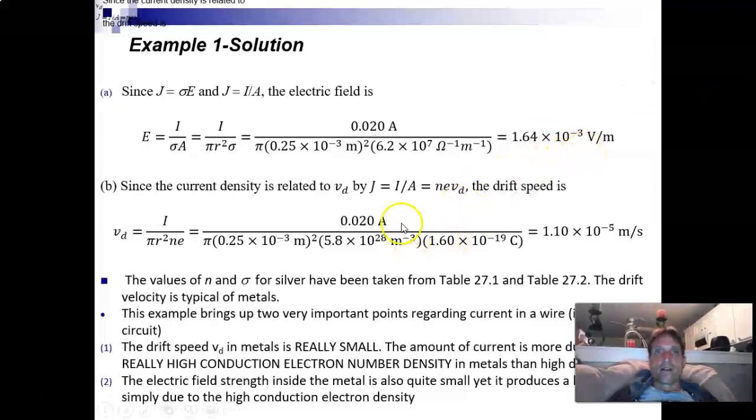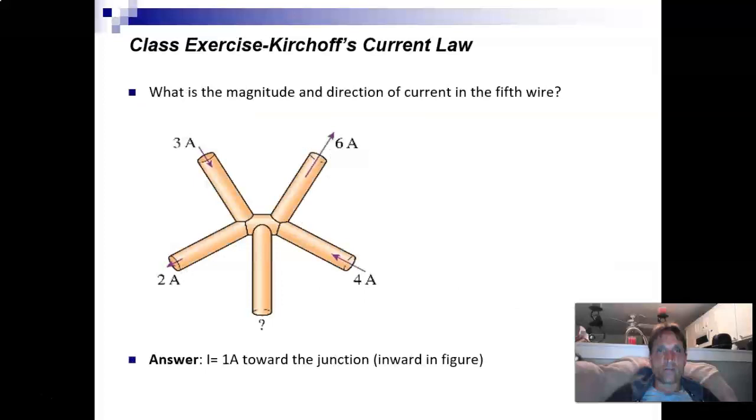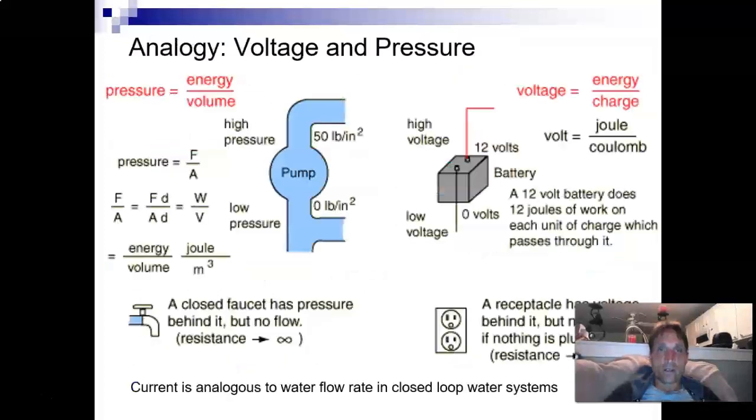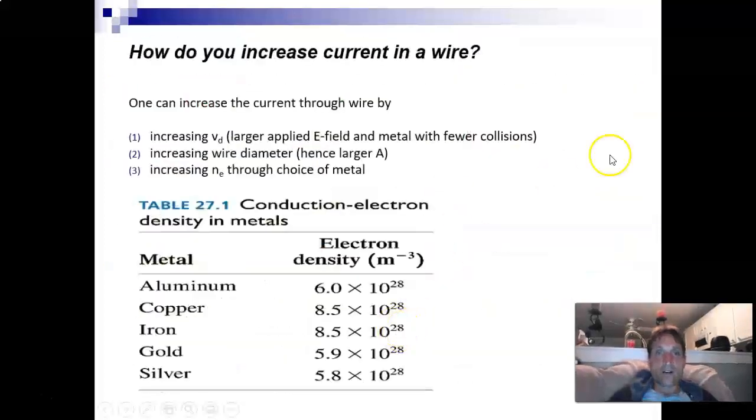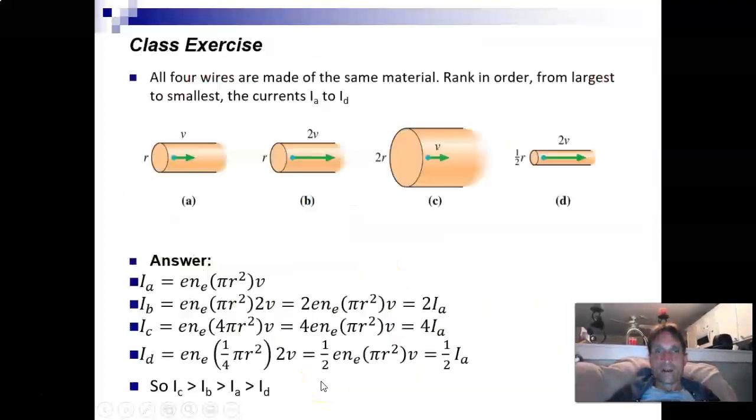Okay. Now we know the current per area, and we can look up the number of electrons per volume in silver. Back in this table, right here, the electron density in silver is 5.8 times 10 to the 28th free conducting electrons per meter cubed. So we know Ne.